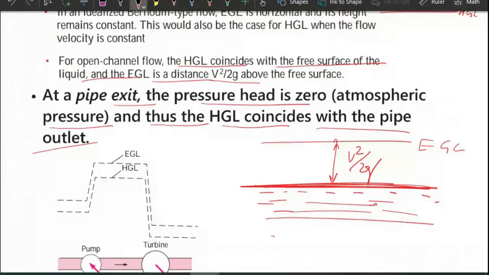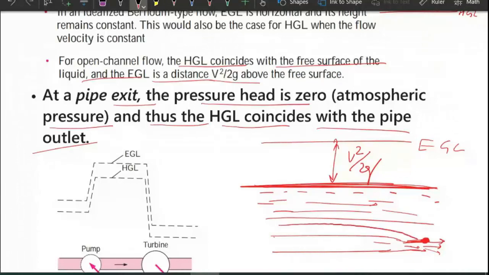So if you have a closed pipe, water is flowing through this pipe, with atmospheric pressure at the exit, water is exiting into air, the pressure head is 0, and if you assume that the reference line Z is also at this point, then your HGL, for example, is coming like this, but at the exit it will coincide with this point, because at this point the pressure head is 0, because this is atmospheric pressure.